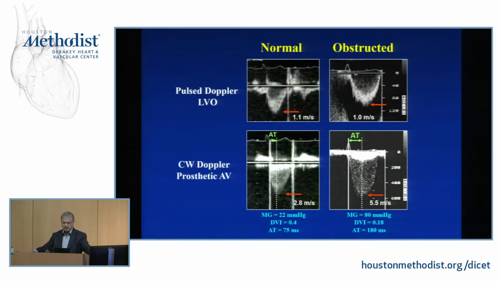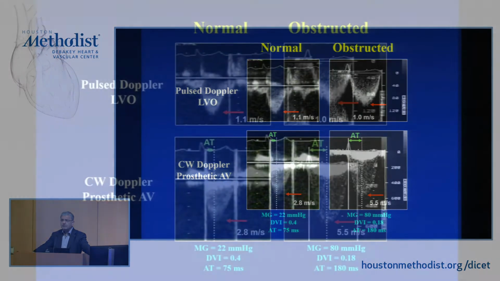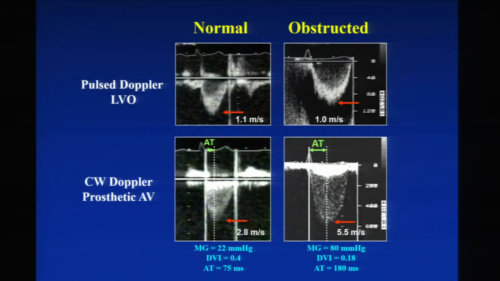So what do we look at when we look at evaluation of these prosthetic valves? Normal is on your left and an obstructed valve on the right. Let's notice a few things that are important. One is, yes, we know that the velocity across it is much higher, so it's 5.5 meters per second in this quite impressive situation. 2 is this acceleration time that you see there, and the acceleration time is from the onset of ejection to maximal velocity.